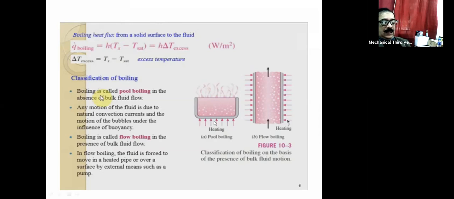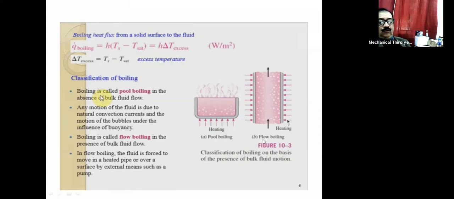This bubble formation is due to the buoyancy effect. So any motion of the fluid is due to natural convection currents and the motion of the bubbles under the influence of buoyancy.